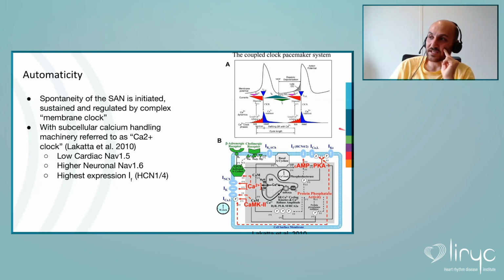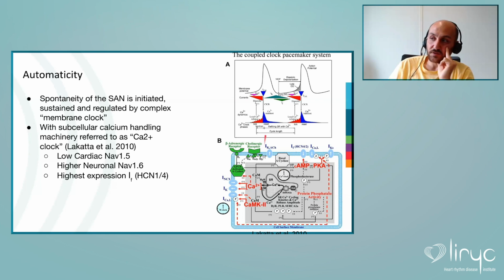It is somehow related to the funny current and the T-type calcium current that starts the first early depolarization, and after that, the main depolarization of the SA node is because of the L-type calcium currents that come from the ryanodine receptors and the SR.